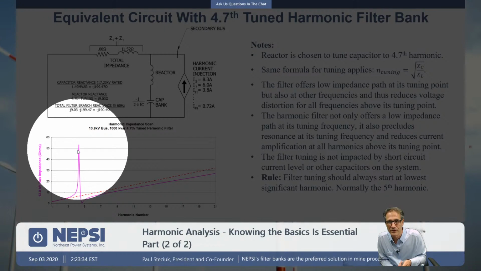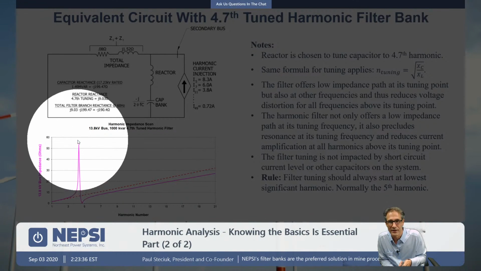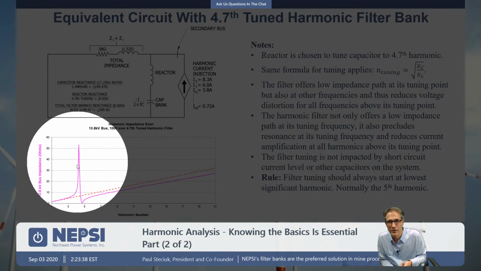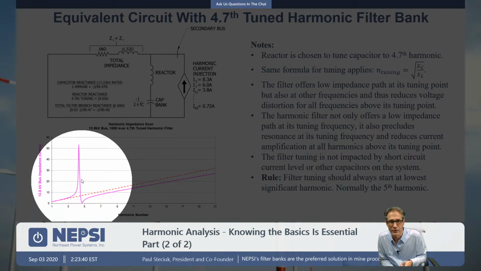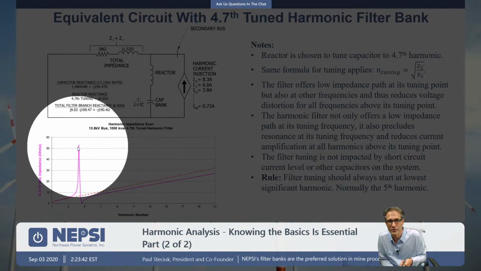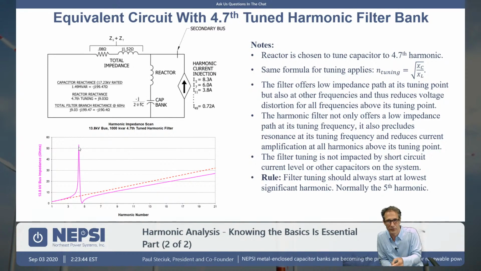An interesting thing is that you have what we call the anti-resonant point here. Whenever you install a filter in a system, you will always have a resonance that exists below its tuning point. So if I add 3 filters tuned to different frequencies, I will have 3 resonances that all exist in the system below their tuning points.